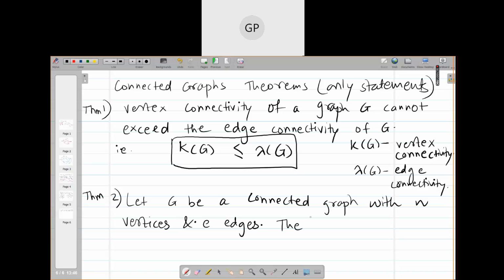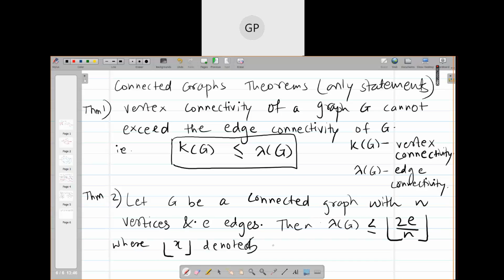Then lambda G, that is edge connectivity, is always less than or equal to the integer part of 2e by n. Here, the floor of x denotes the greatest integer not greater than x.